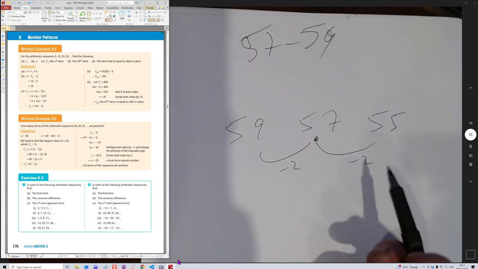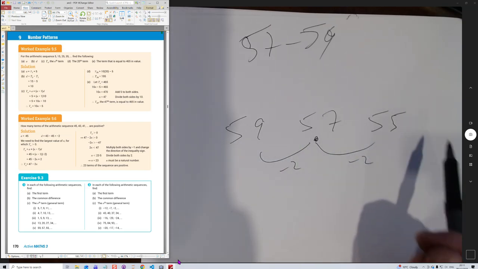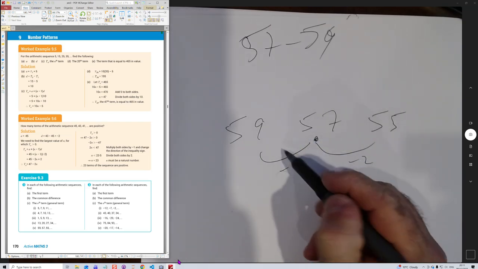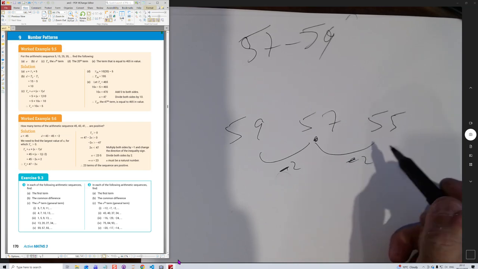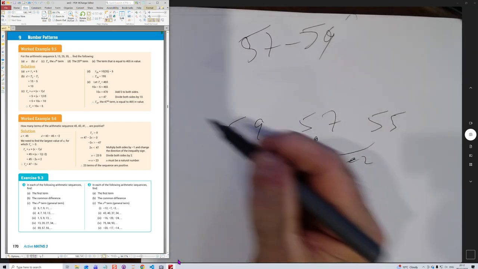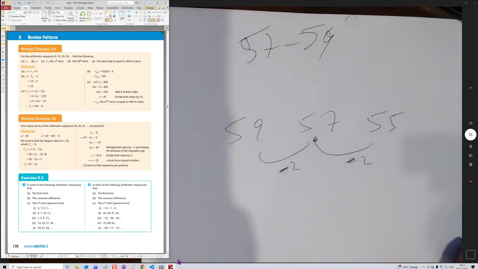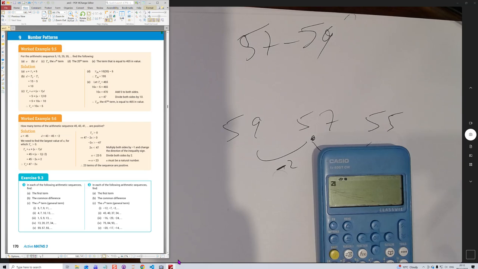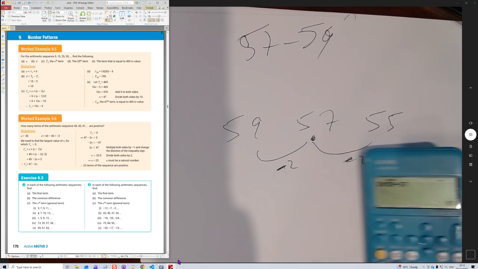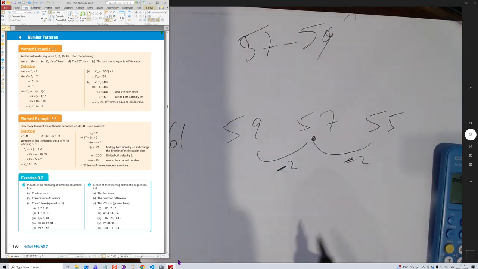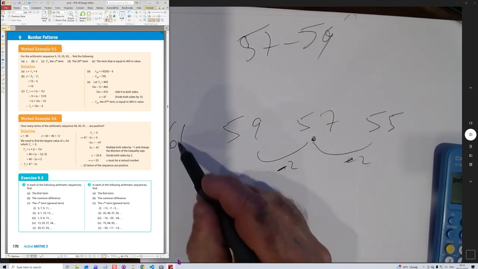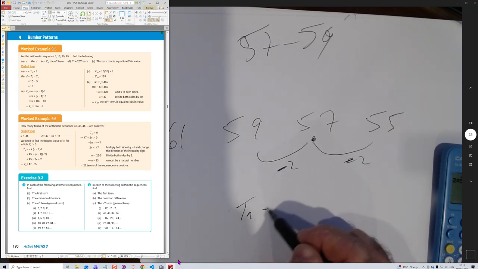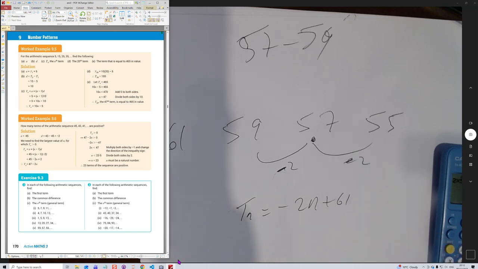It might have been easier without the calculator to say I'm dropping 2, dropping 2, decreasing by 2 by inspection. So increasing by 2 as we go this way. And indeed, you could just go 2 multiplied by 59, take away 57, equals 61, or add 2 and you get 61. So term n equals minus 2n plus 61.